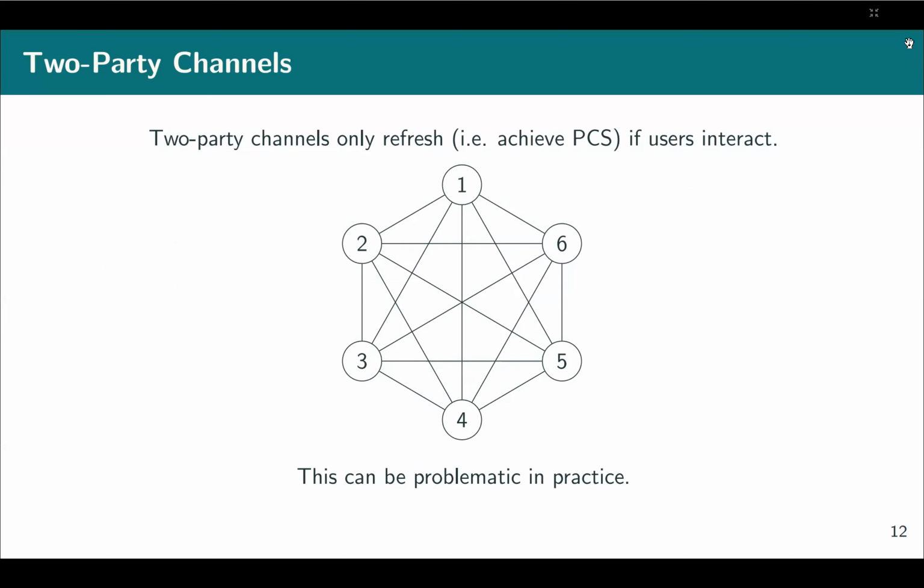Okay, so actually, having two-party channels that can be compromised the same way as the group can be a bit problematic in practice, because if you think about it, now you're in a group with multiple users, you have to have double ratchet sessions with everyone. And this makes a complete mesh. So you have a square number of sessions in the number of participants.